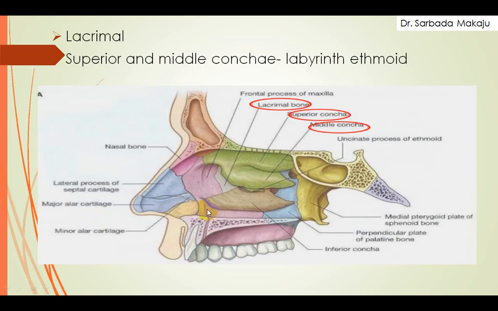Then when you go more posteriorly, there is a small bone known as the lacrimal bone. Then after that, there is this swelling, known as the concha. This is the superior concha and this is the middle concha. The superior and middle concha are formed by the labyrinth of the ethmoid bone.